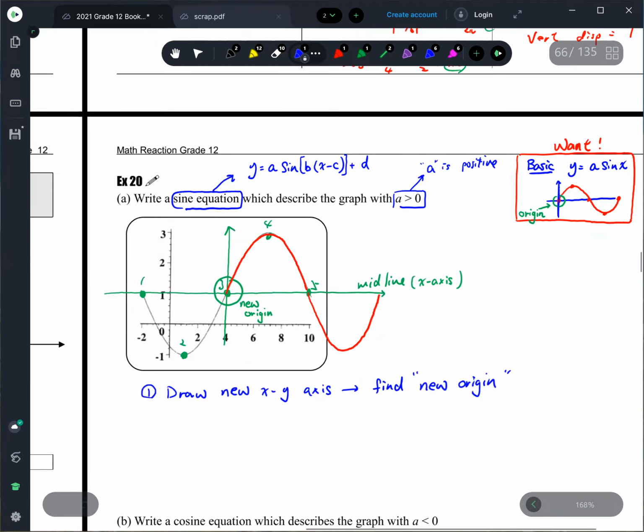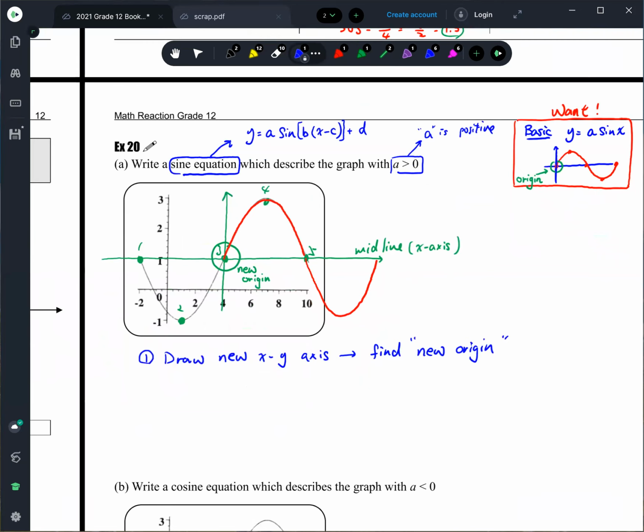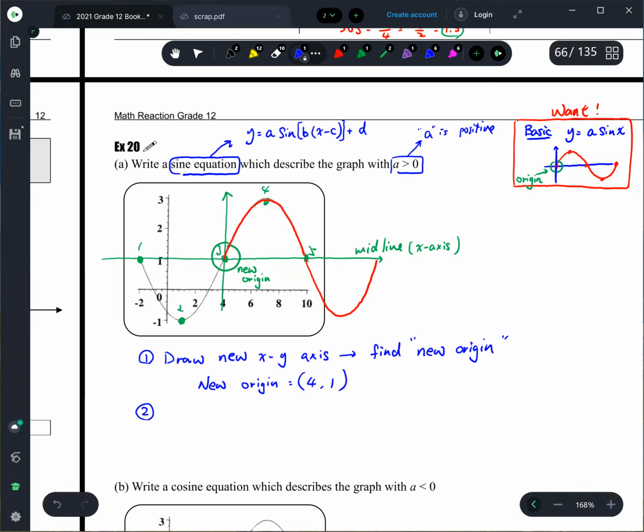Okay, in this case, our new origin is at 4, 1, right? So new origin is 4, 1. Make sure you write this down.